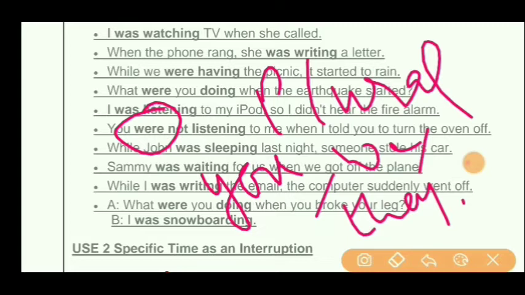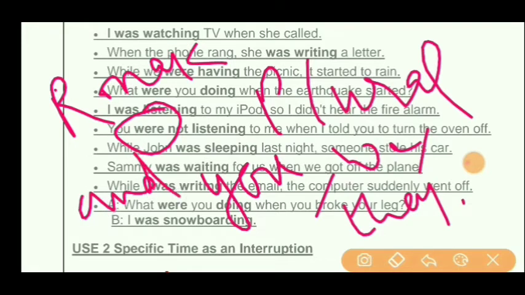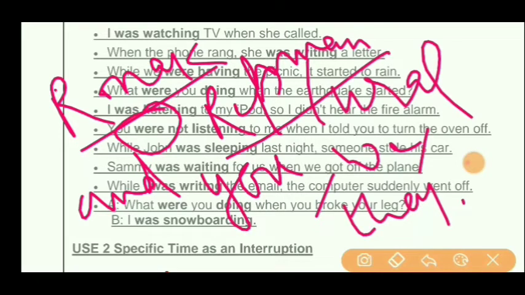Let us take an example like two names, Ronak and Rahman. With Ronak and Rahman, if they are two names, we will use were.